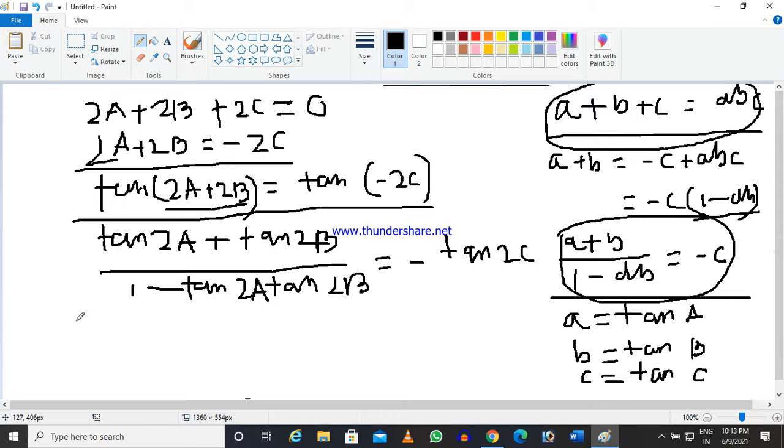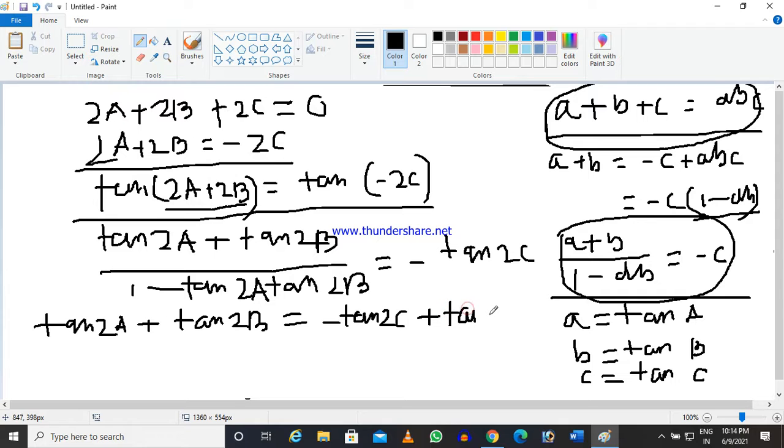Now if you cross multiply, on this side there will be tan 2A plus tan 2B is equal to minus tan 2C plus tan 2A into tan 2B into tan 2C.